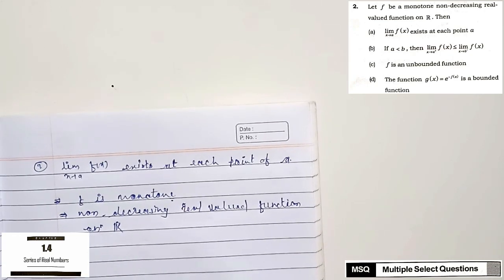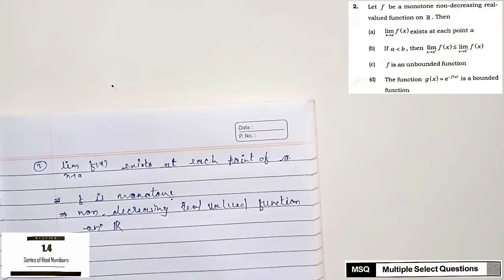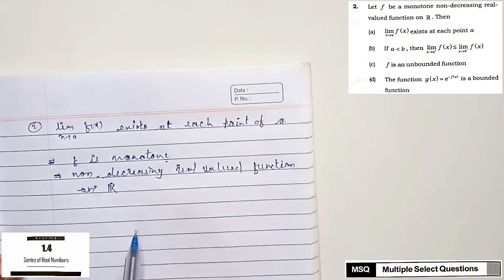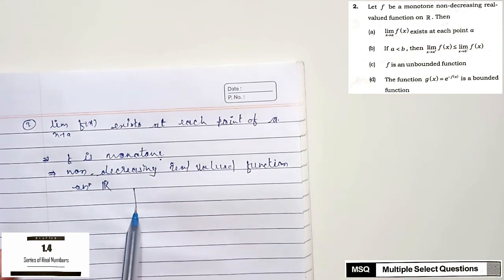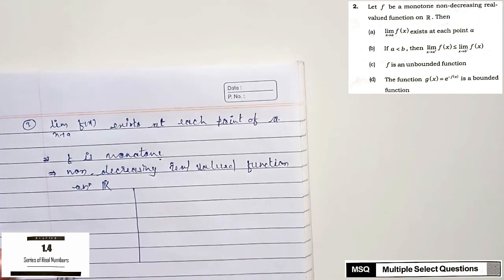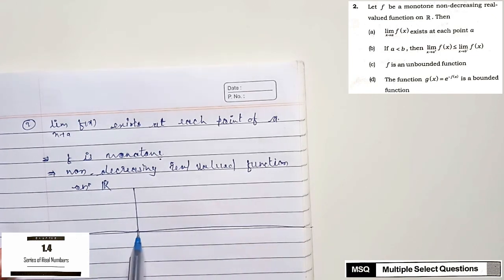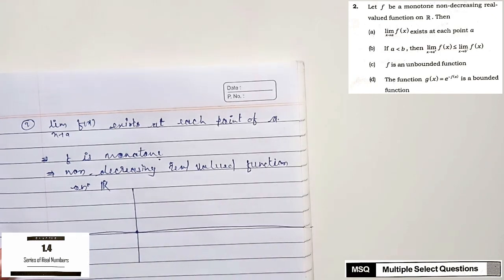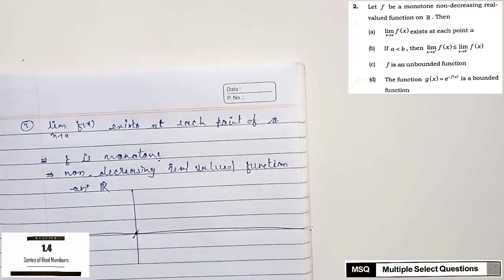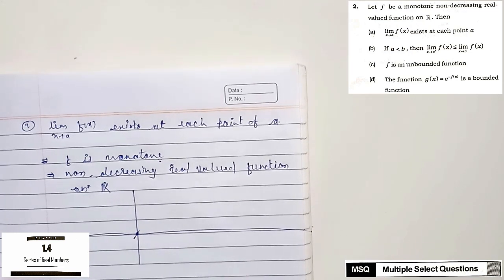Any graph you may consider, for your understanding, I'm going to explain how monotonic non-decreasing or increasing functions look. I have taken the greatest integer function.